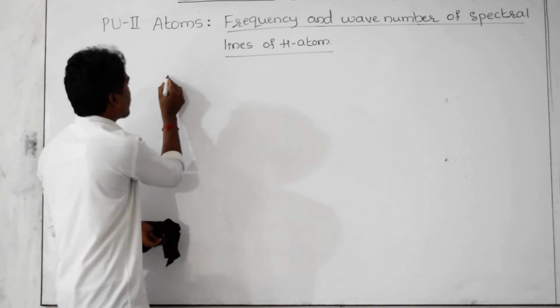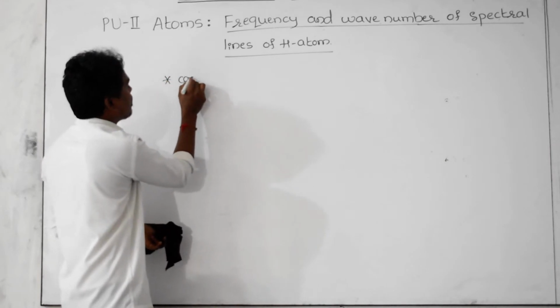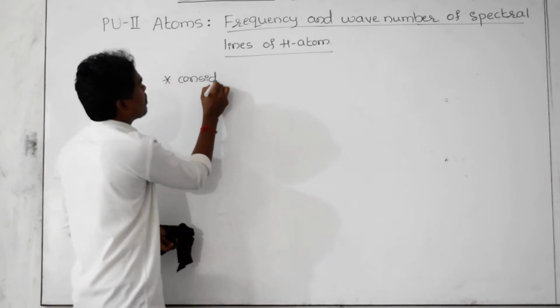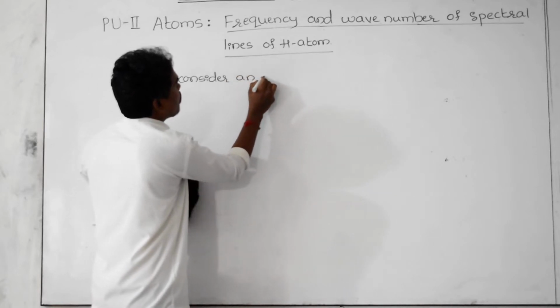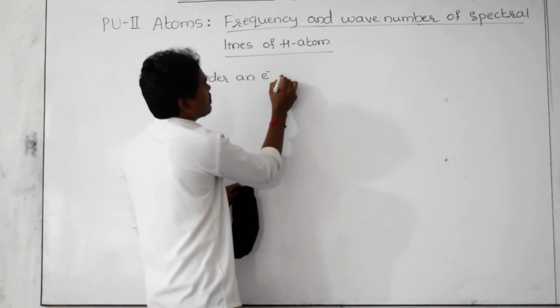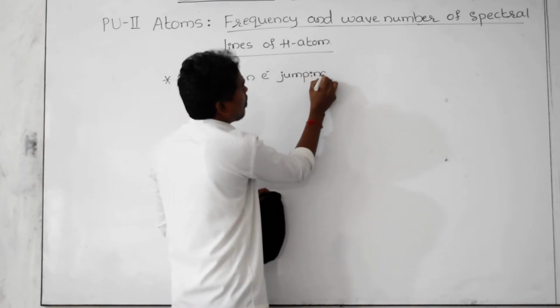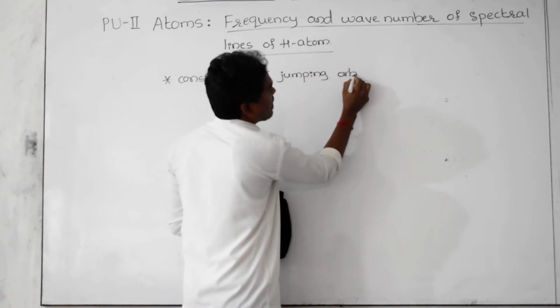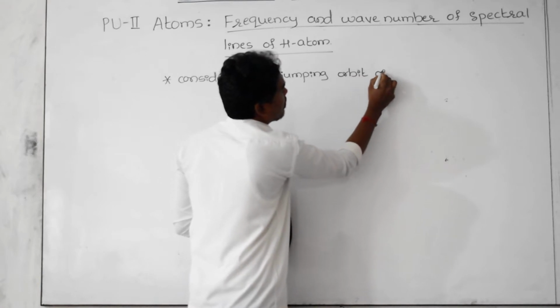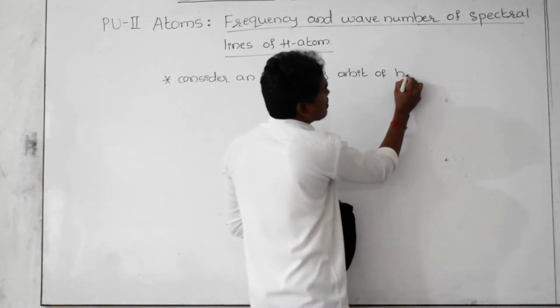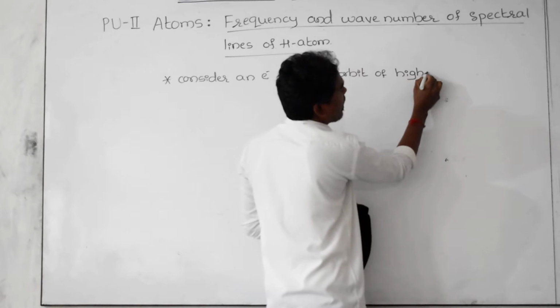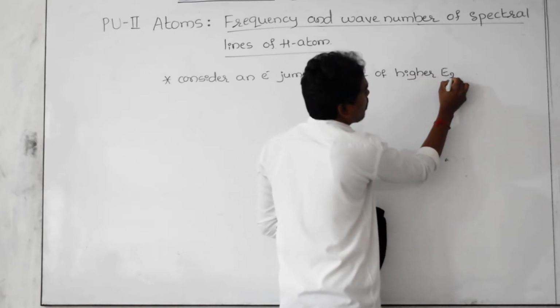Consider an electron jumping from orbit of higher energy level. I am taking that higher energy level as E2.